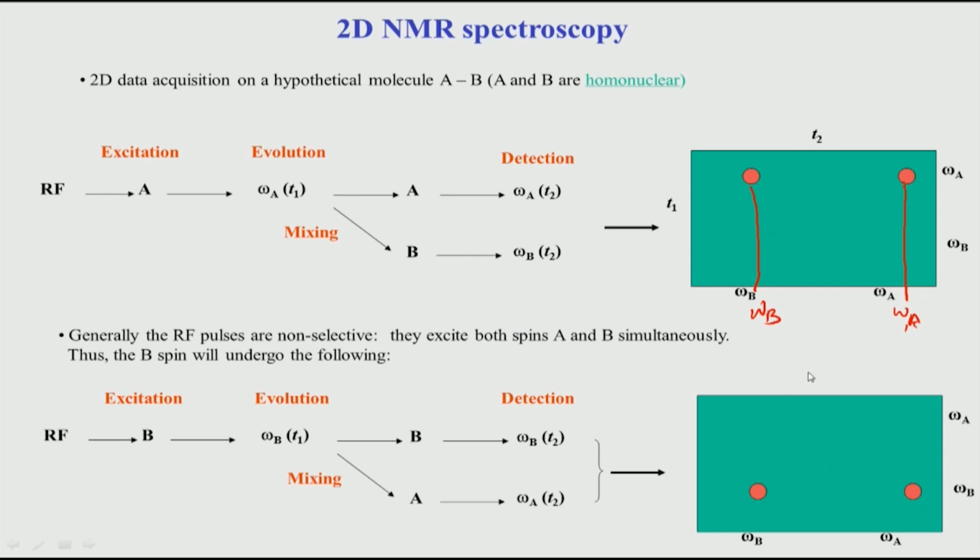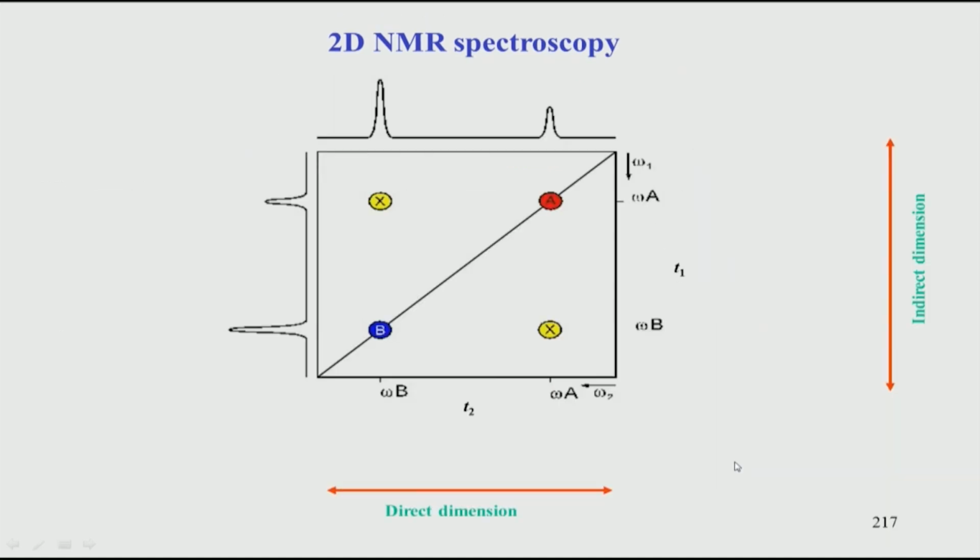These two now you have to combine, because we analyzed them separately, we will combine them together and this is what you will get. You will get a 2D spectrum looking like this. This is called the diagonal peak, and the diagonal peak contains the same frequency on both sides, and this we saw comes because 100% of the magnetization is not transferred.